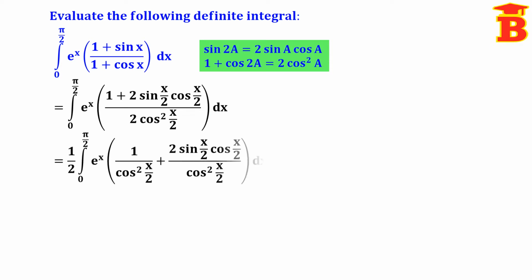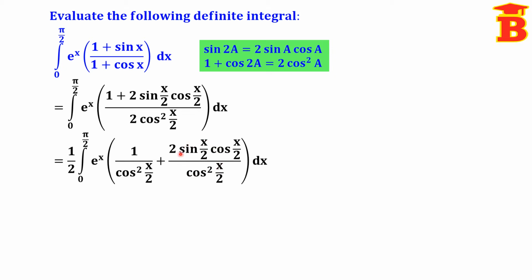So this is equal to, this denominator 2 take outside, so that is 1 by 2 into integral 0 to pi by 2 e power x into this bracket, we have plus in the numerator, so just split and write it as two terms, that is 1 by cos square x by 2 plus 2 sin x by 2 cos x by 2 divided by cos squared x by 2 into dx.